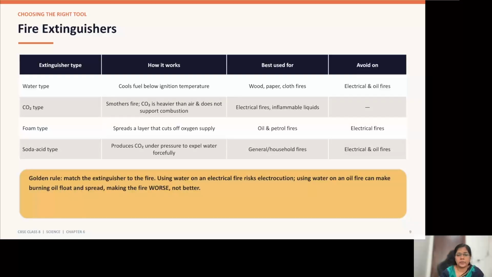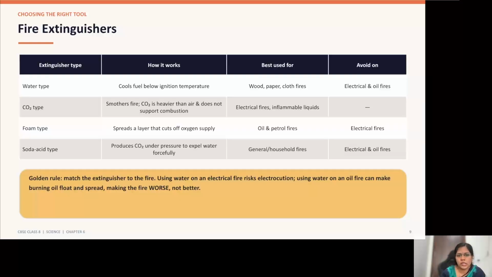So I hope everybody understood. We have different types of fire extinguishers. First one, water. What does it do? It removes heat, and it is best used for wood, paper, cloth fires, and you should avoid it on electrical or oil fires. Next one, carbon dioxide.